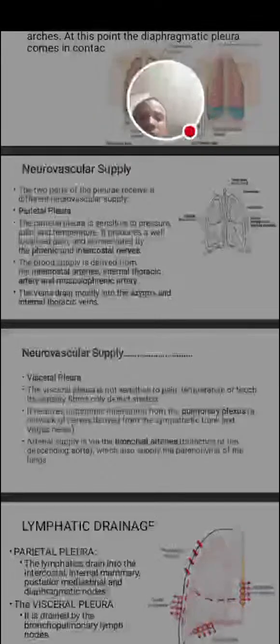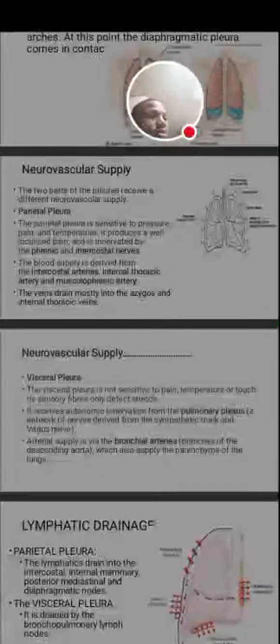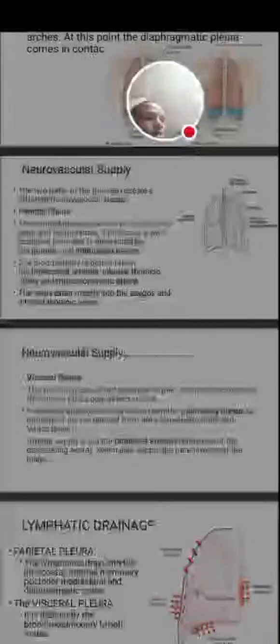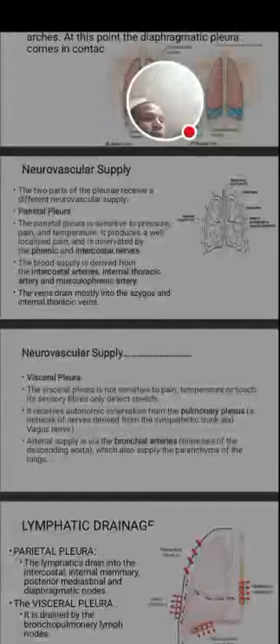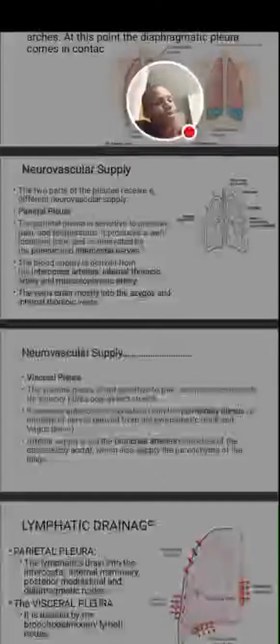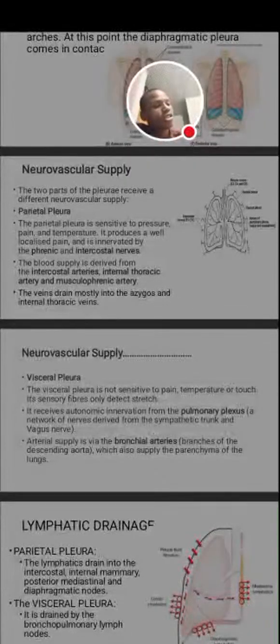Those are two arteries that supply, and the musculophrenic artery. And the blood supply for viscera is just the bronchial artery.